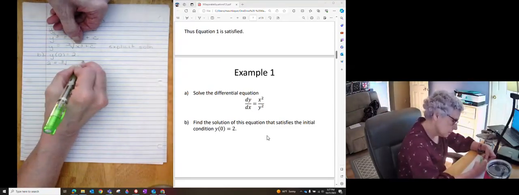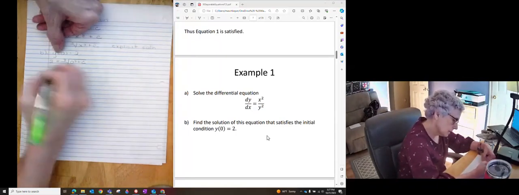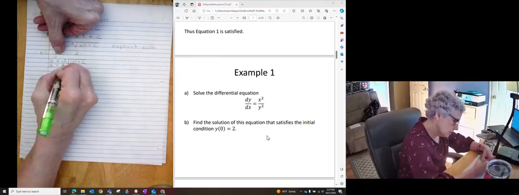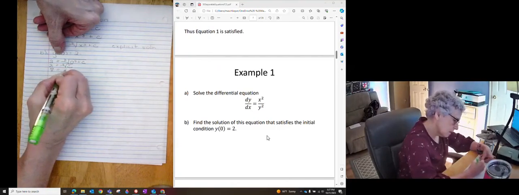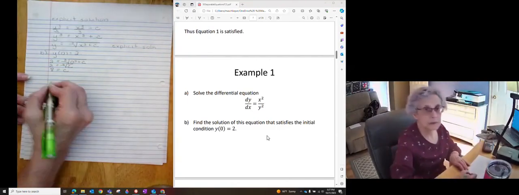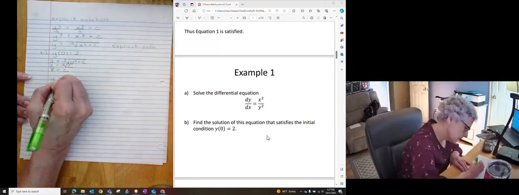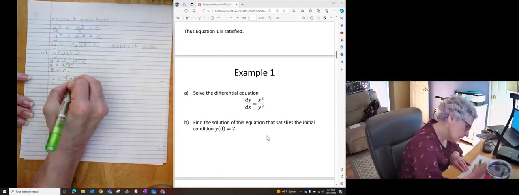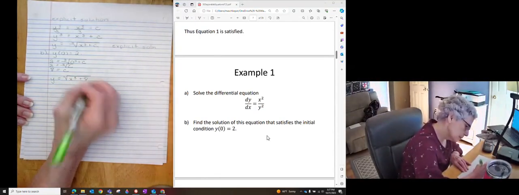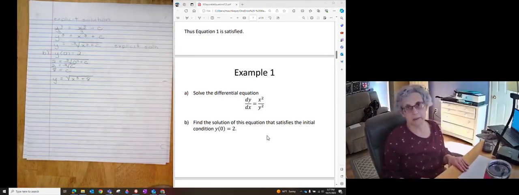So 2 is equal to the cube root of 0 cubed plus c. So 2 is equal to the cube root of c, so 8 is equal to c. So my explicit solution is y equals the cube root of x cubed plus 8.